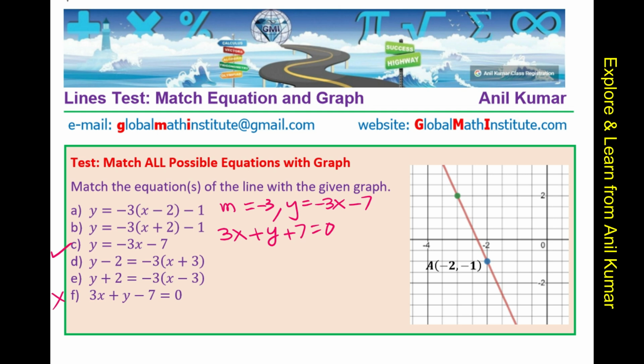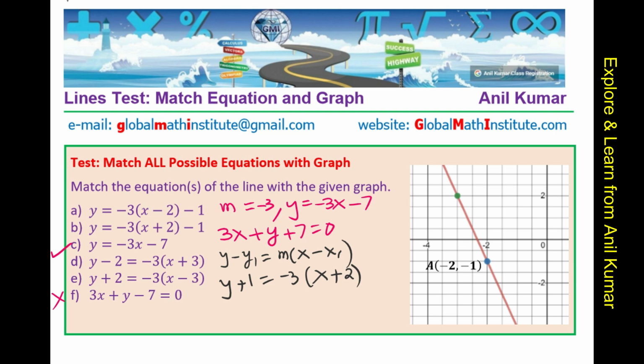Okay. Now let's see the other options. If we open those and simplify, we could get the equation. Now the other form of the line equation is y minus y1 equals m times x minus x1. We could use this form. So using the point A, we get y minus of minus 1 will give us plus 1 equals minus 3 times x minus minus 2 will give us plus 2.